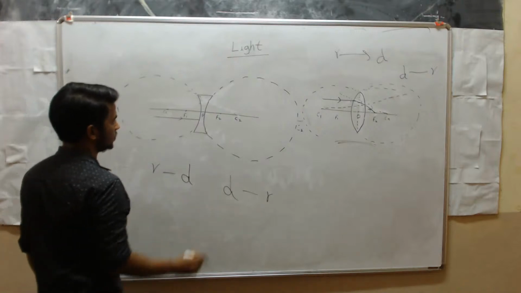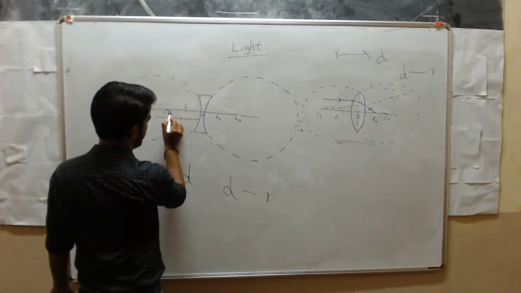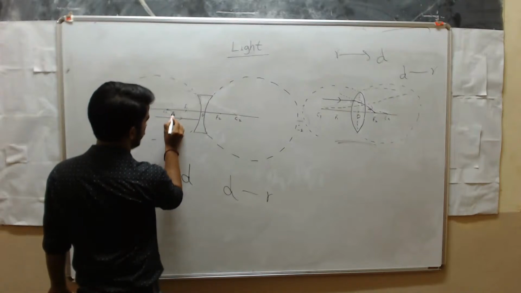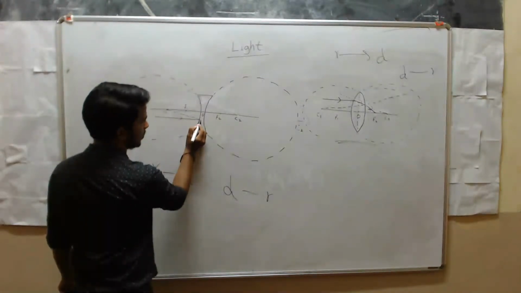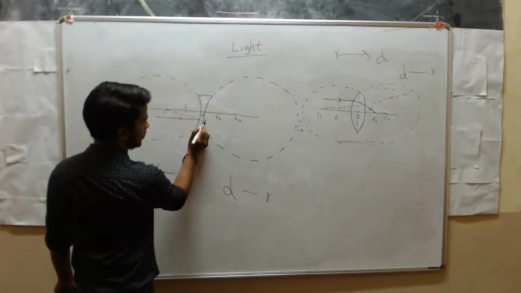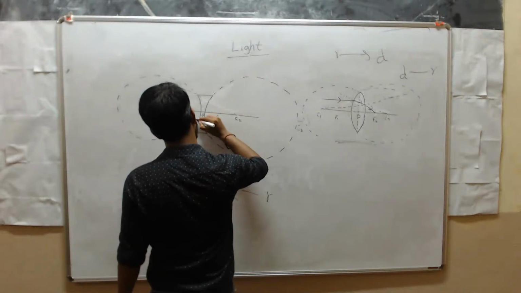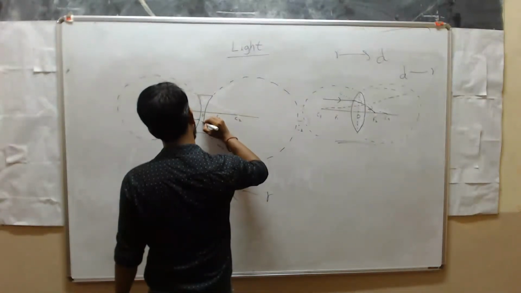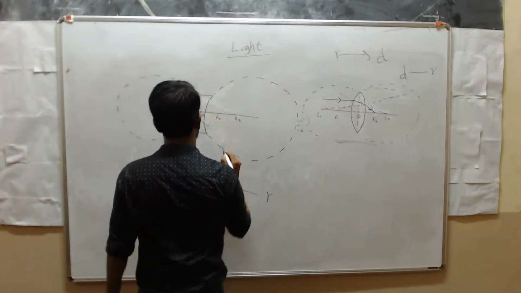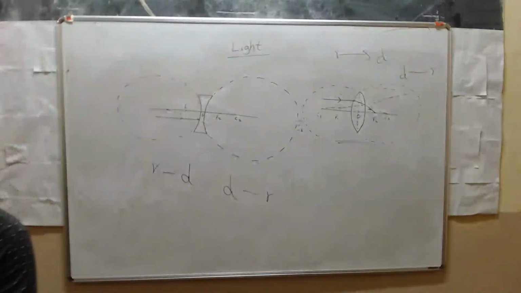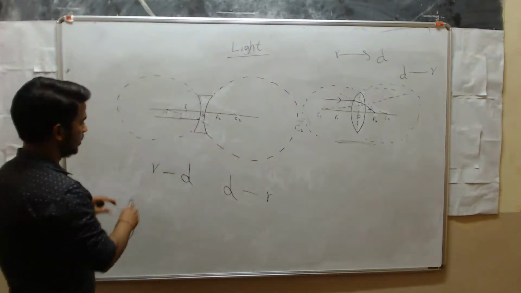Here we should draw the normal from the center C1. See, here also the ray of light is traveling from rarer medium to denser medium.